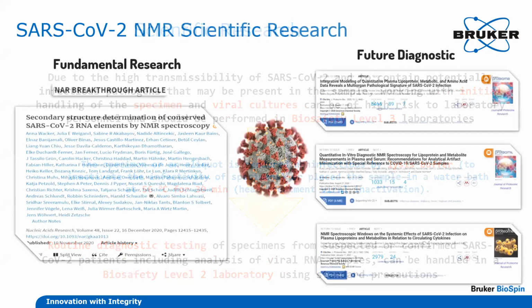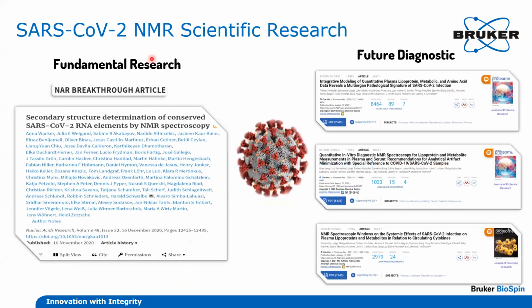In general, for SARS-CoV-2 scientific analysis using NMR, there are 2 main research directions. One is fundamental research, which is the study of the RNA, its secondary structure, or the proteins related to the SARS-CoV-2 virus.